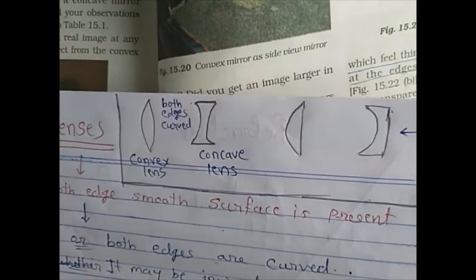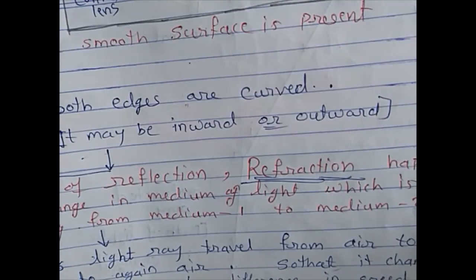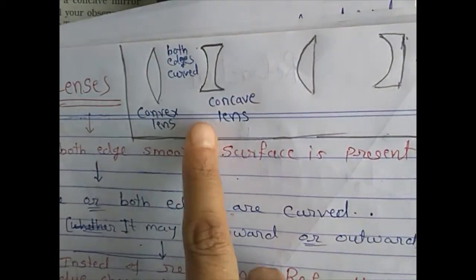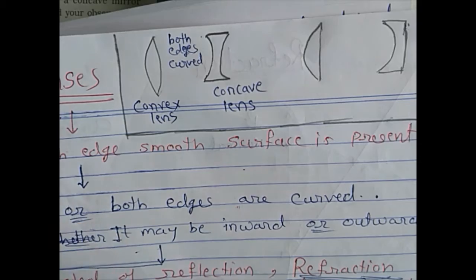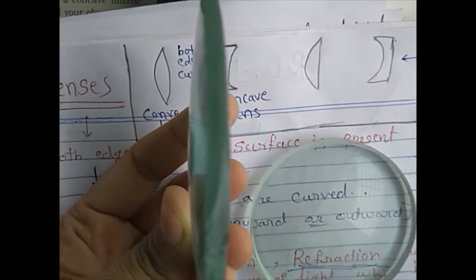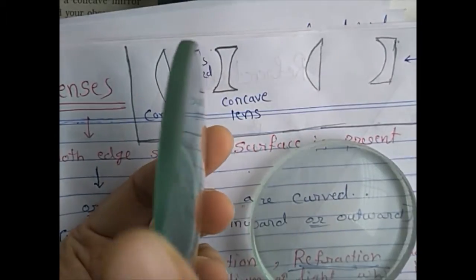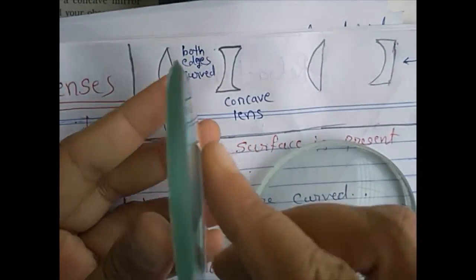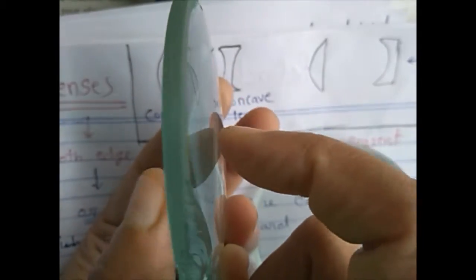So lenses are those which have a smooth surface on both sides. Now, the convex lens is thin at the top and bottom, and at the middle it is thick.